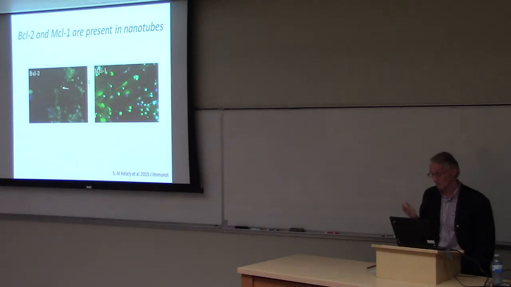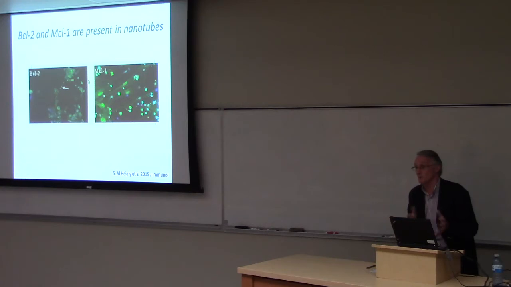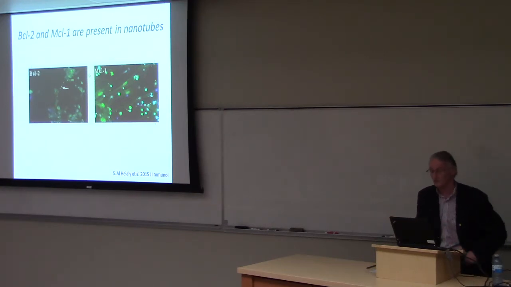So we wondered, could factors that assist the survival of the cell be transferred up those tubes? And we looked at two of these so-called anti-apoptotic factors. One is BCL2 and the other is MCL1. And these are proteins that normally have an action to enhance cell survival.